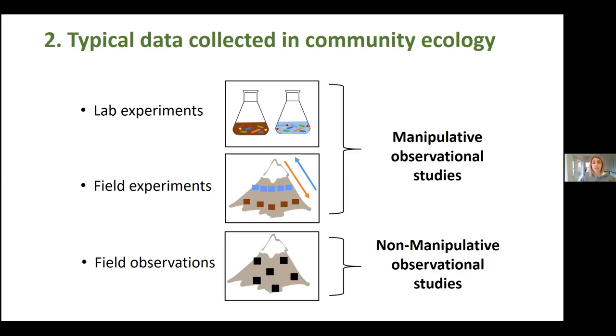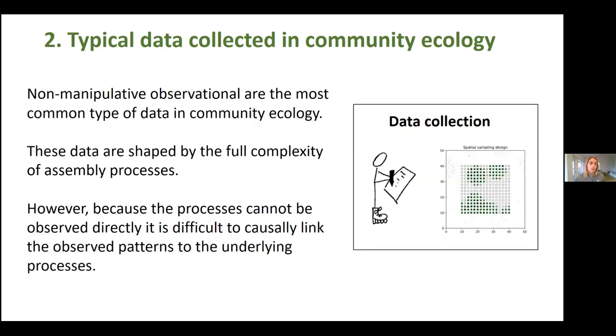And most of us work with non-manipulative observational data, so that we just go to the field and collect data on what species we find and in which kind of environmental conditions. These non-manipulative observational data are the most common type of data in community ecology.